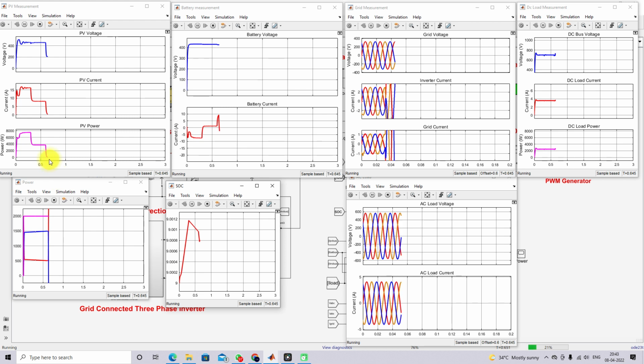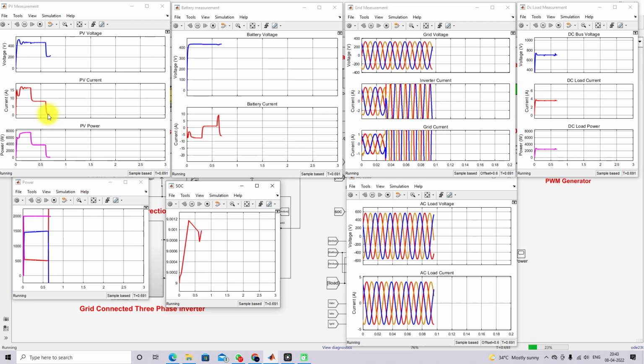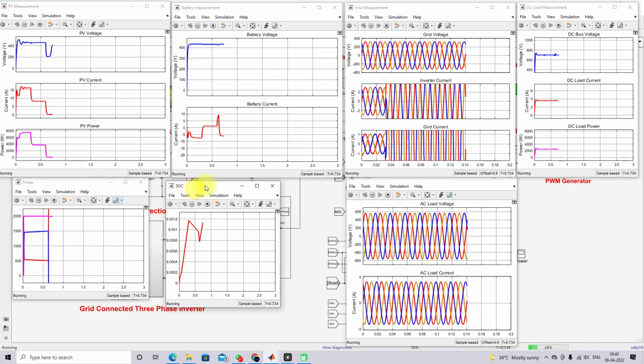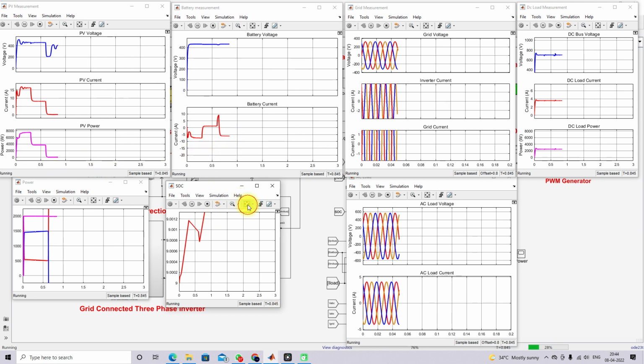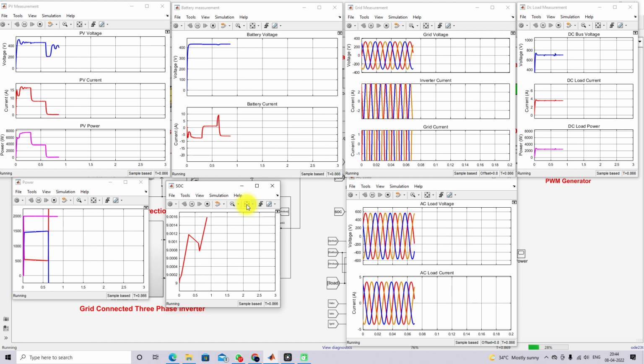Now you can see the PV power goes to 0, that means IPV is less than 0.5. Because of that, the battery goes for charging mode. The condition is now IPV less than 0.5 and SOC less than 10 percent, so we are getting power from the grid.